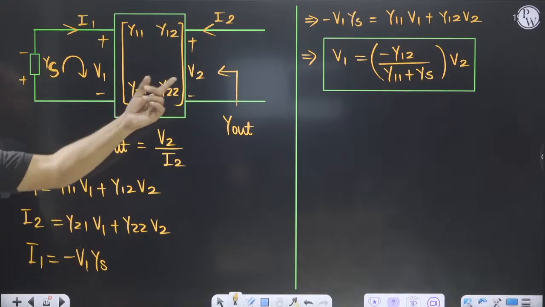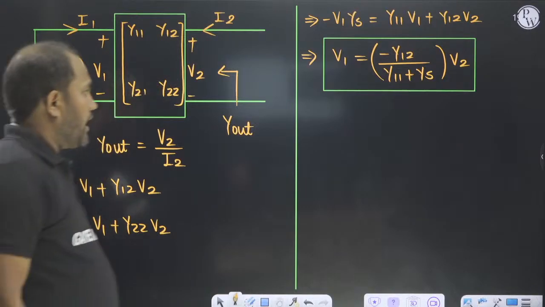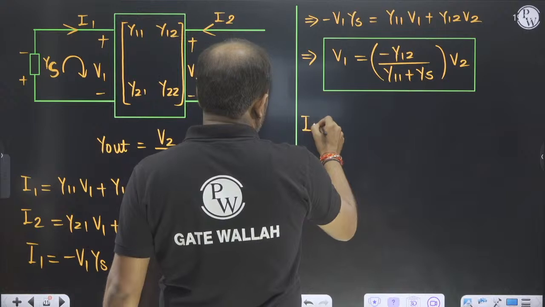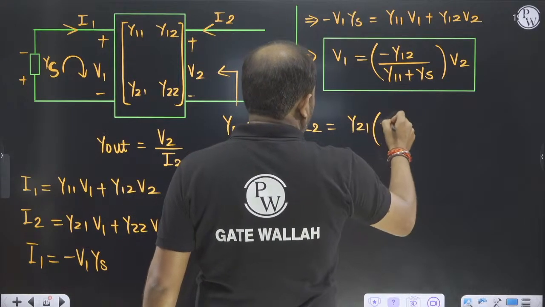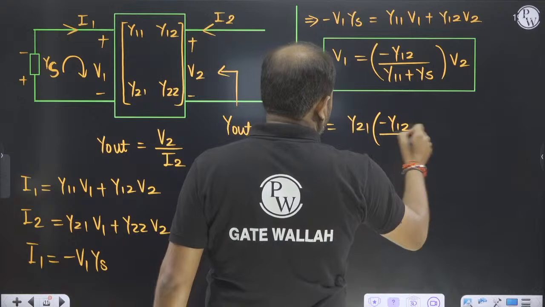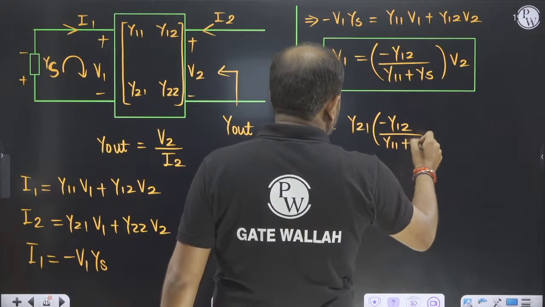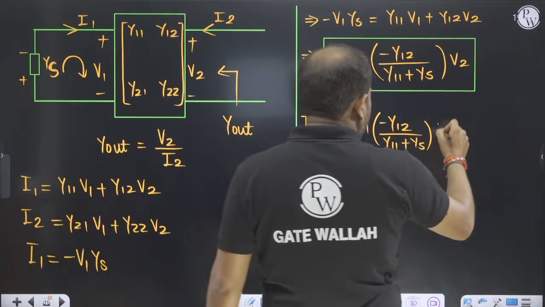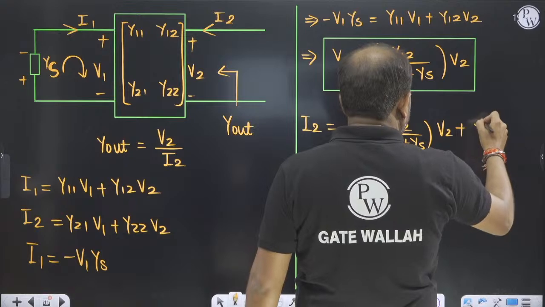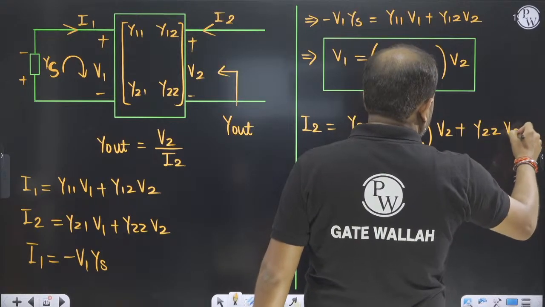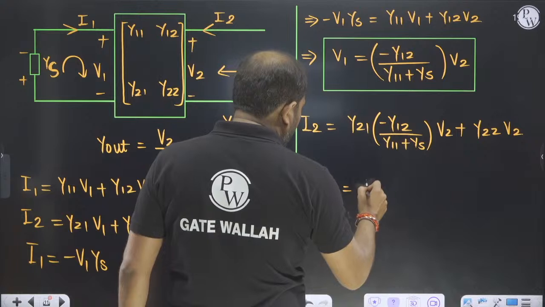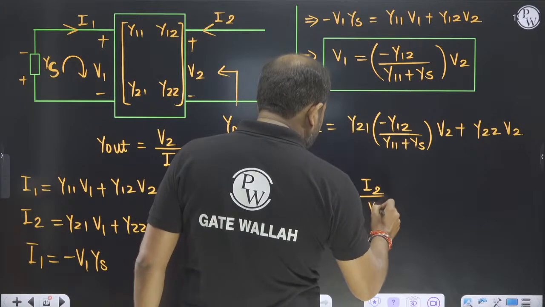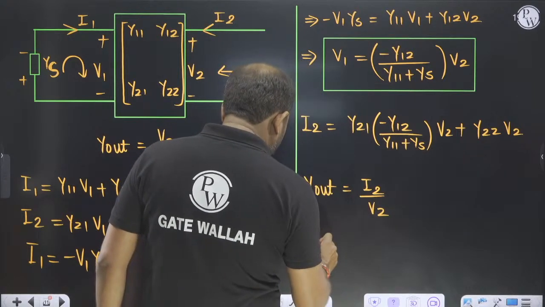So I2 will be equal to Y21 into minus Y12 divided by Y11 plus YS into V2, plus Y22 into V2. So Y out will be equal to I2 upon V2.